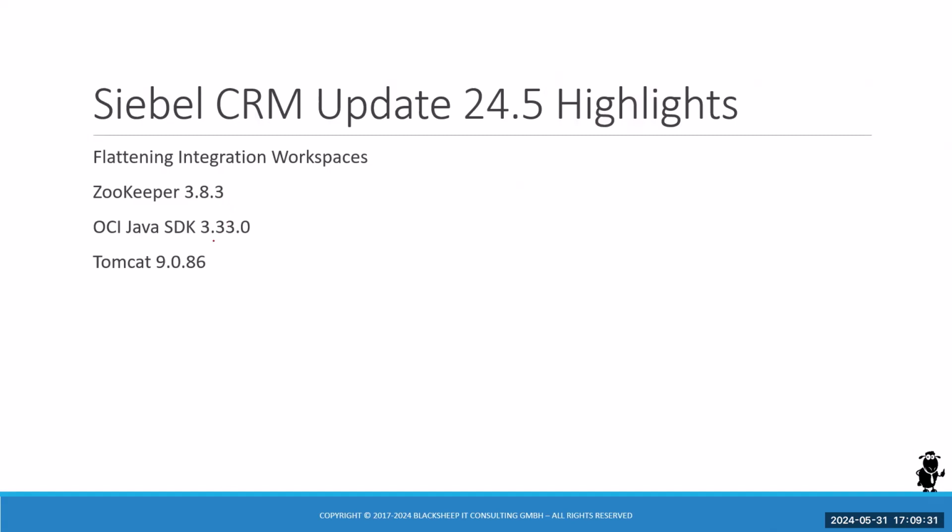And if you use the OCI Java SDK, for example, for the pre-built AI integration with the speech transcription, the attachment transcription, or the PII flag on service requests, those demo use cases are built on top of the OCI Java SDK, which is shipped as a zip file. Upon opening that zip file on my sandbox, I noticed that the SDK in that zip file is also a newer one than in previous versions, 3.33. So plenty of version updates for auxiliary software and libraries, if you will.